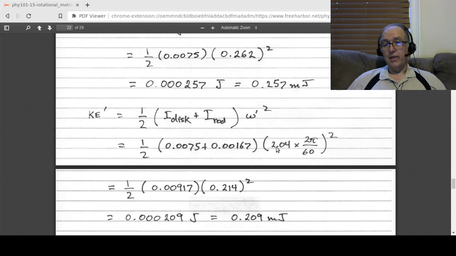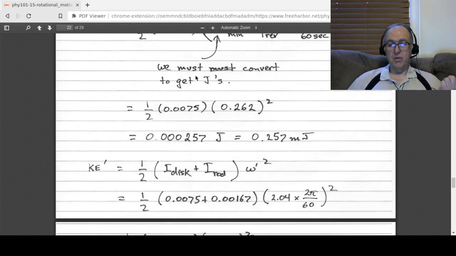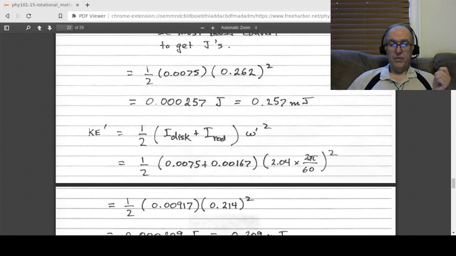Here I converted very quickly. It's 0.204 revolutions per minute. To go from revolutions per minute to radians per second, just multiply by 2 pi and divide by 60. You've got 2 pi on top and 60 on the bottom. So there's the angular velocity in radians per second.